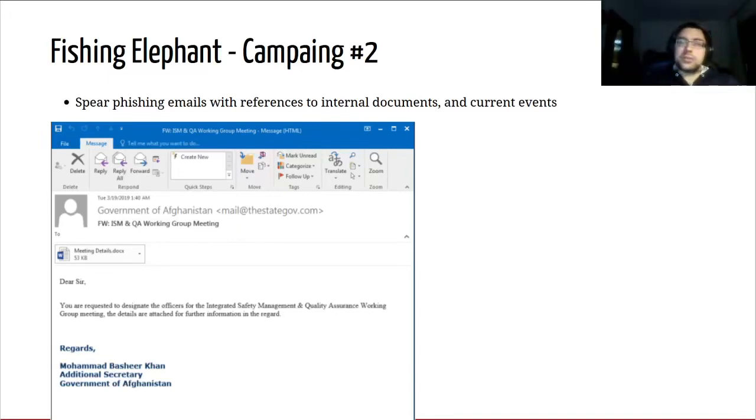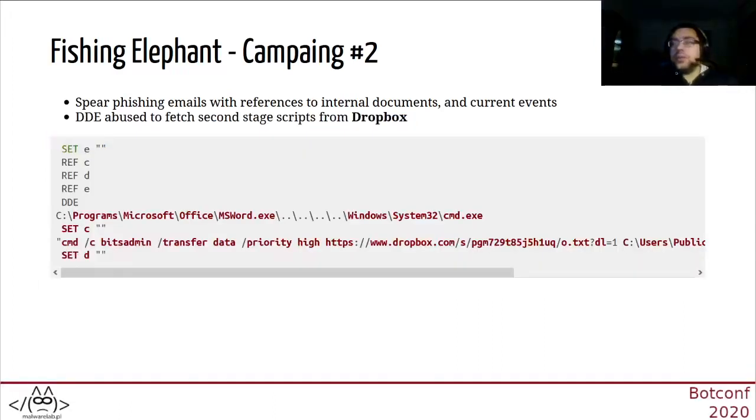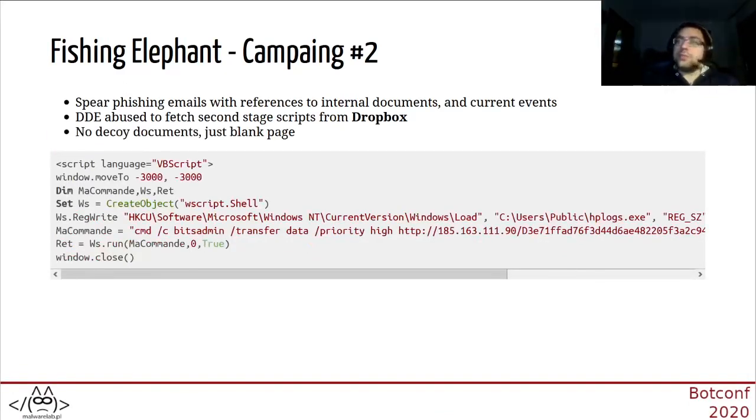It was just a simple document in an email with DDE in order to fetch a batch script hosted on Dropbox and execute it. Later on, we get a VBS script that will get malware on our disk and run it. So almost the same style as in the previous case.